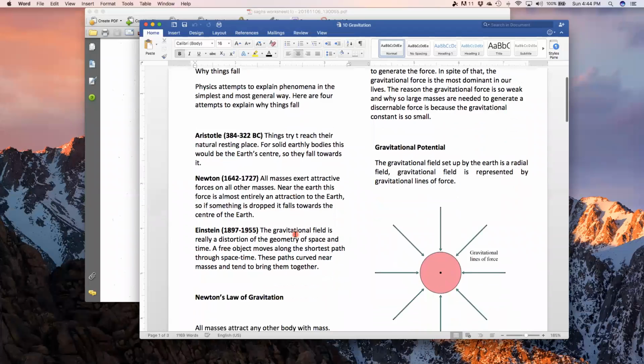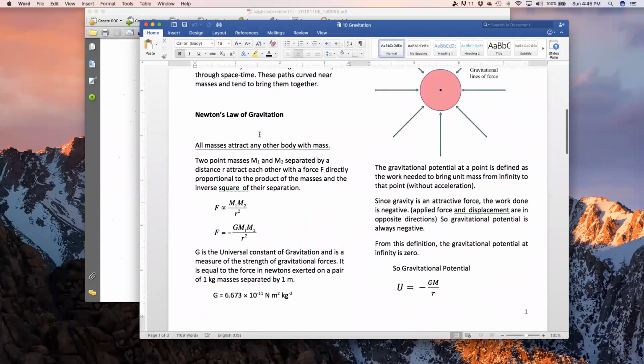But the basic point is where Newton's law of gravitation comes in. That is, when you have two masses, m1 and m2, these masses experience a gravitational force that is given by this equation. Right? Now, that's the gravitational force.